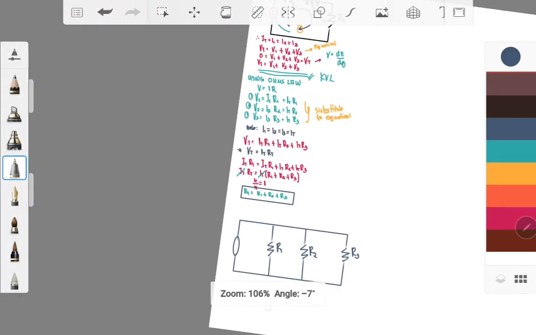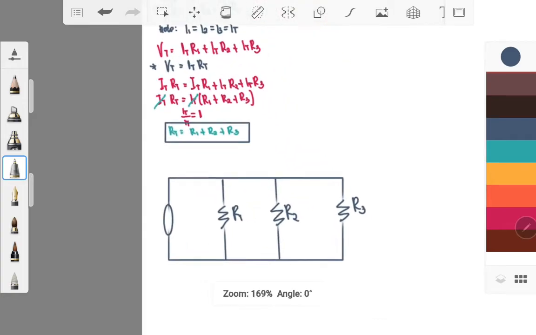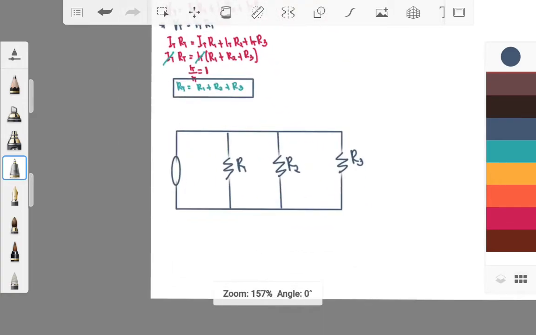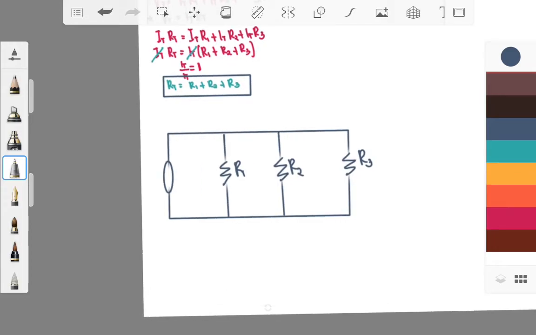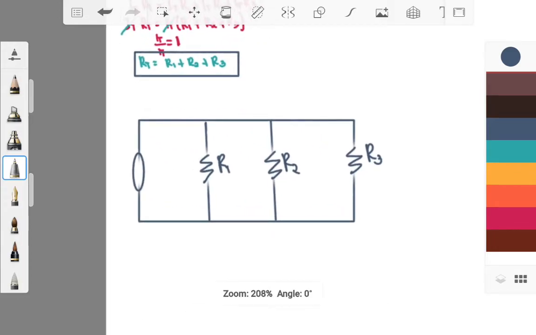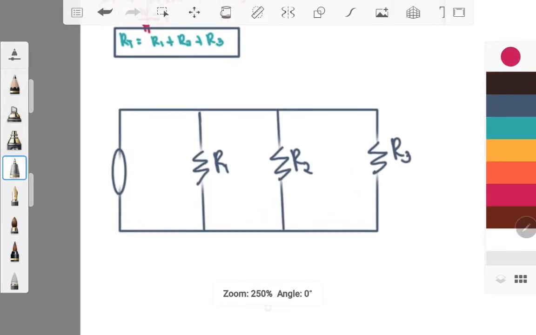Take note that the most important principle to know in your parallel resistance is that your V total is equal to your V1, which is also equal to your V2, which is also equal to your V3.